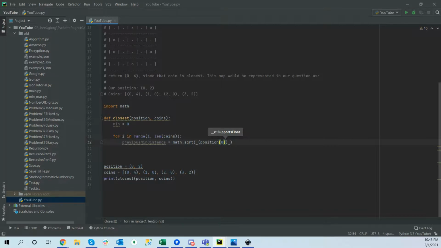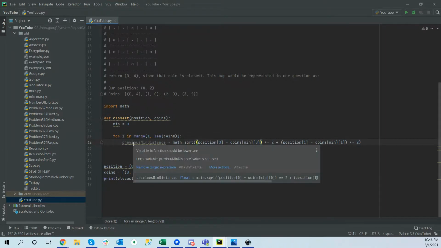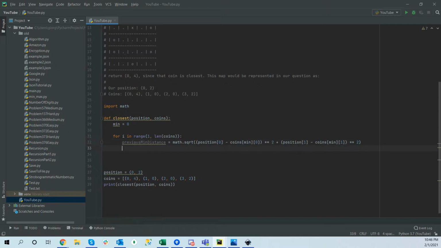That would be the x minus coins, minimum coin, again get the x, and then square, plus position 1, so now y minus coins minimum 1, right? So y1, and again square that. Okay, so this is the distance of the previous line that we have.